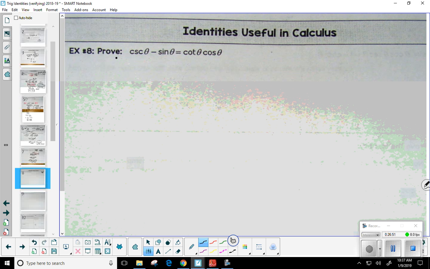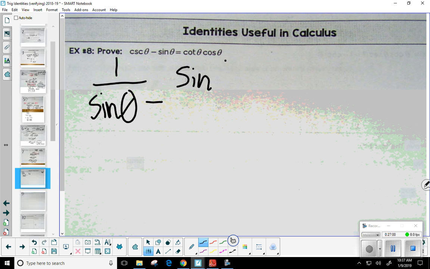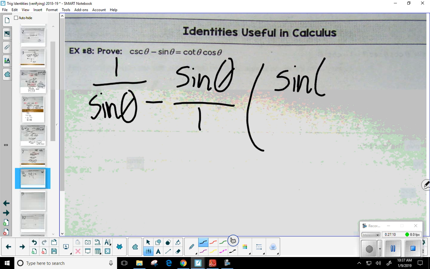I changed cosecant, so 1 over sine theta minus sine theta over 1. Okay. And then I multiply this side by sine of theta over sine of theta.